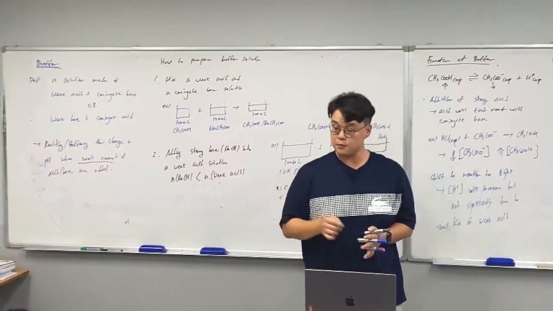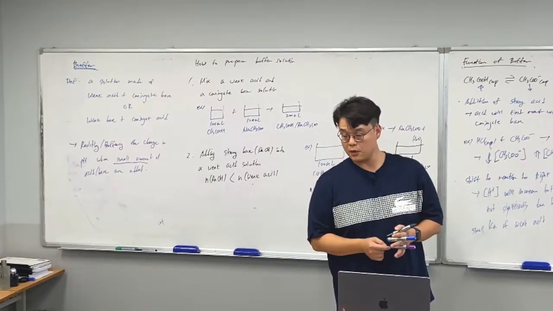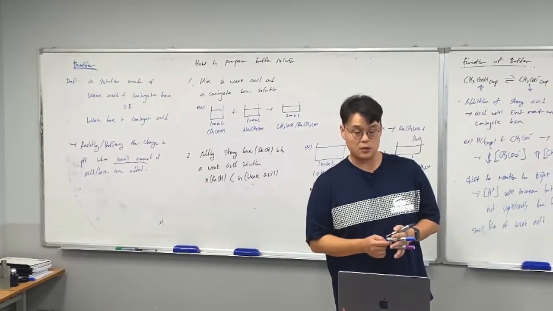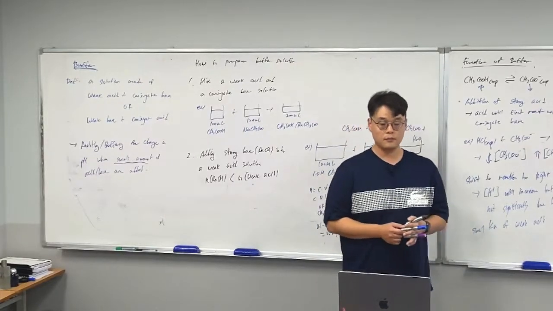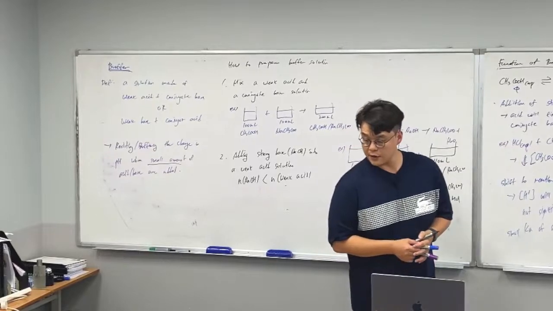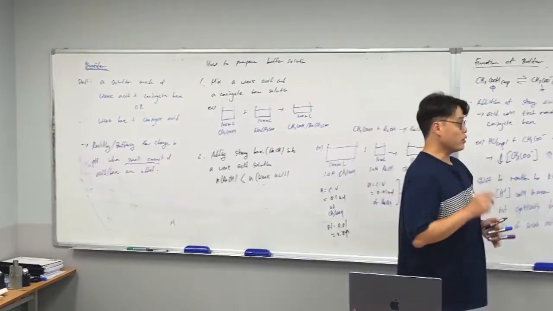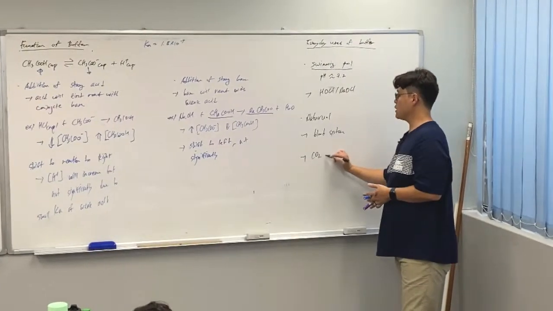Have a look at the last page, under the appendix: buffers in natural systems. There are 2: one is the blood system, and one is the carbon dioxide in seawater.